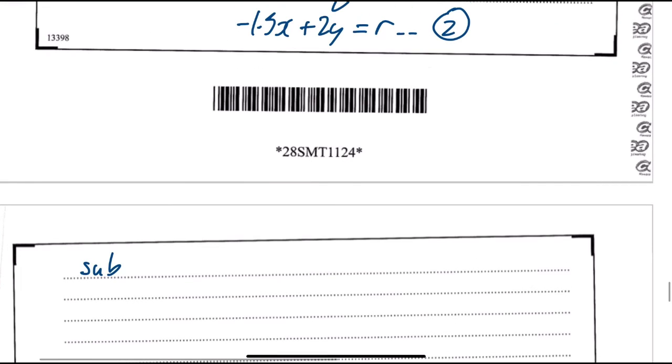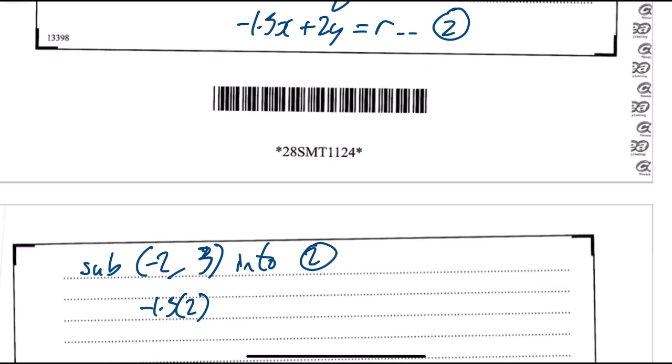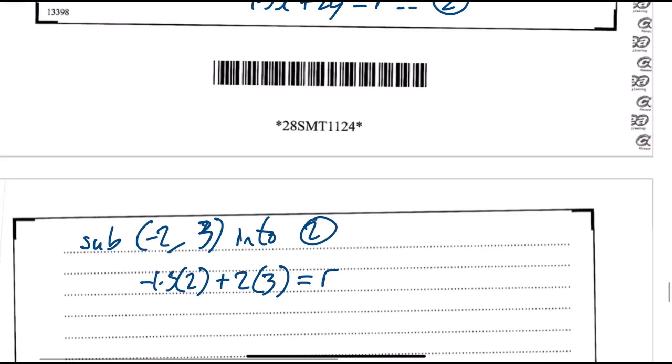We're going to sub the point, and what was our point? Minus 2, 3, into equation 2. So it's going to be minus 1.5 times 2 plus 2 times my y, which was 3, is equal to r. So what's that going to be? Minus 3 plus 6 is equal to r.